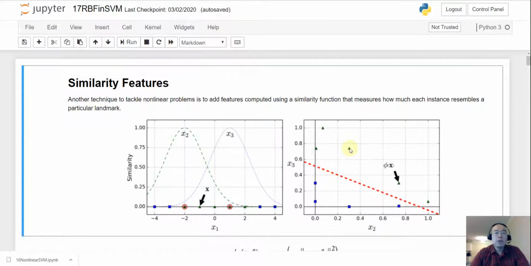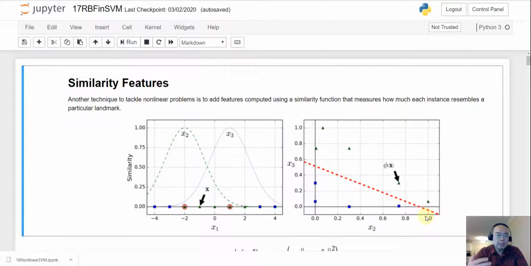This means we 100% throw away the original feature x. Instead, we are using the distances to the two Gaussian curves as the new features, x2 and x3, as the x and y axes. And now we can find a linear cut, a linear boundary, right?